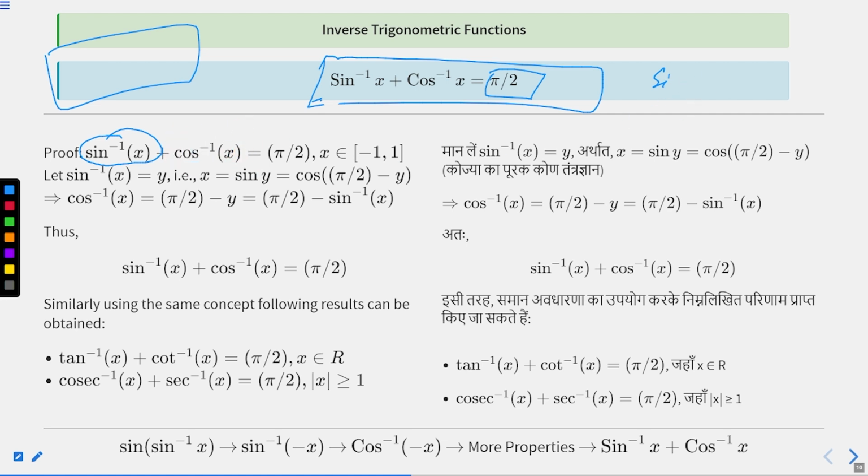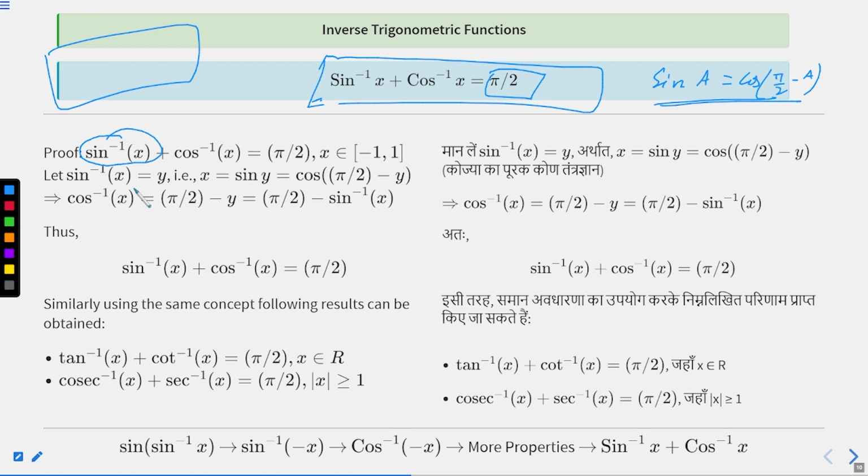Sine a is equal to cos of pi by 2 minus a, so sine y is cos of pi by 2 minus y.